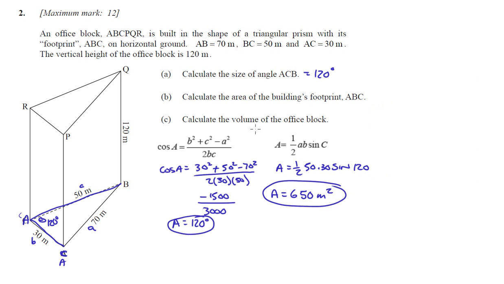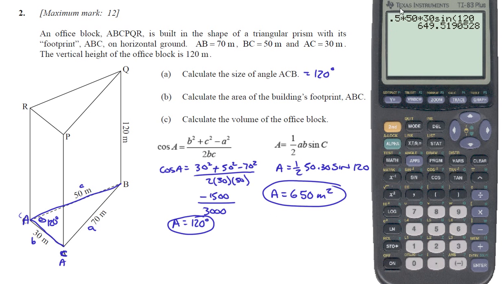So that's the area of the footprint, and then the volume of the office block. The formula for volume is just the area of the base times the height, since this is actually a triangular prism. So we just multiply the base times the height: 650 meters squared times 120 meters.